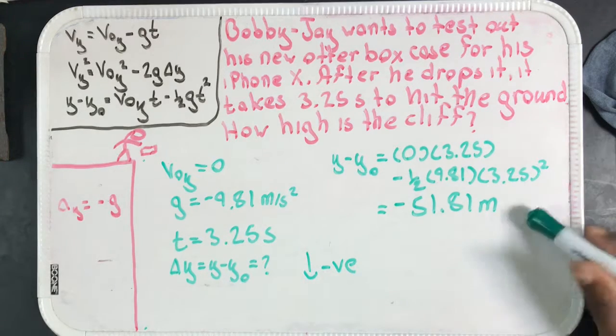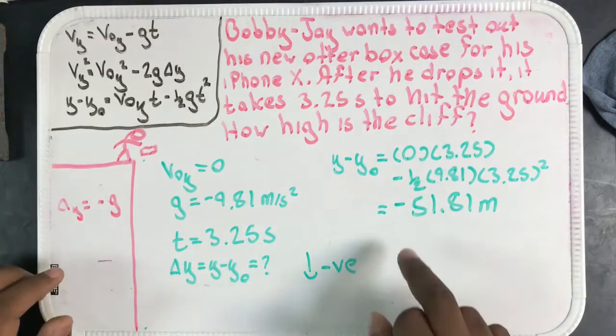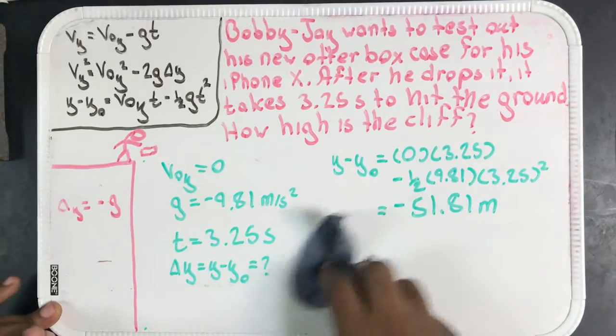This is telling us that our object is going down, which is consistent with our vector coordinates. Now, could this change? Yes, it absolutely could change. If I took down to be positive and I adjusted my equation accordingly, this would reflect that as well. So I hope this makes sense.